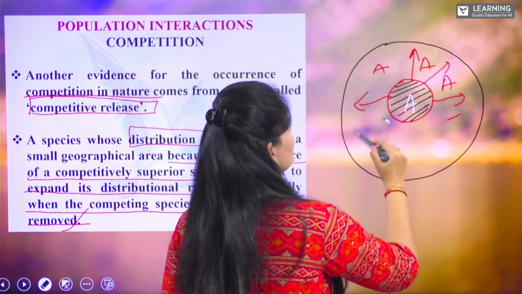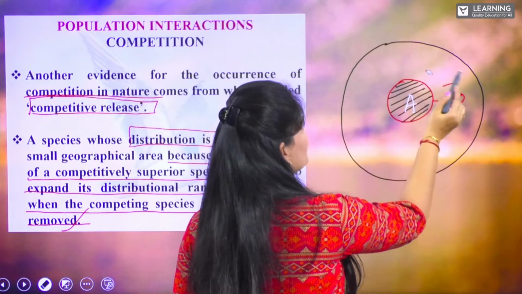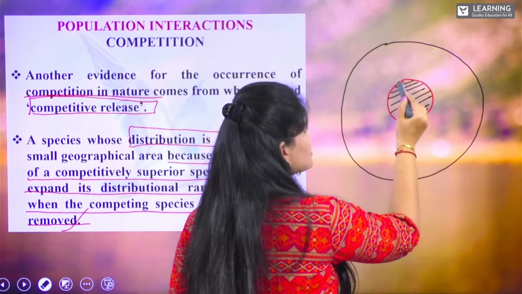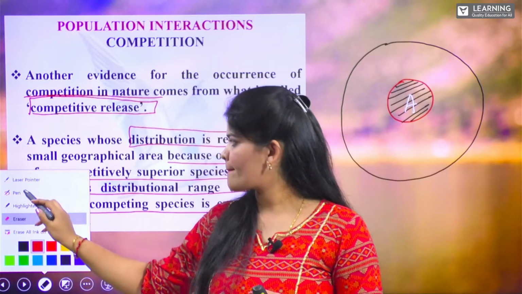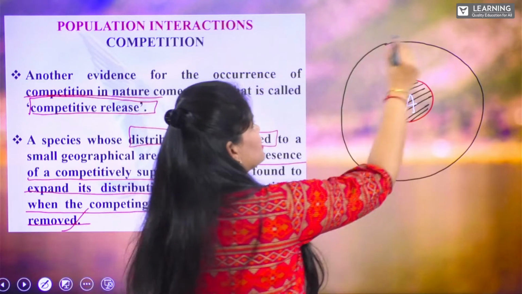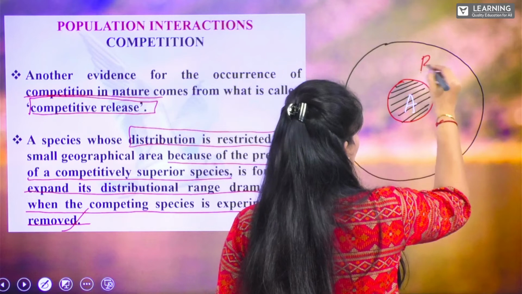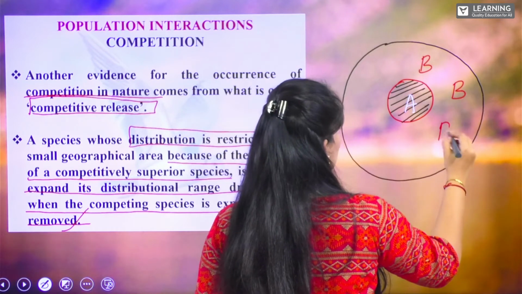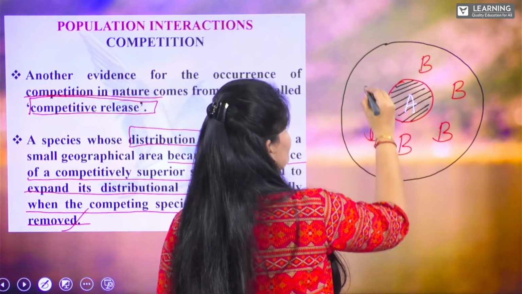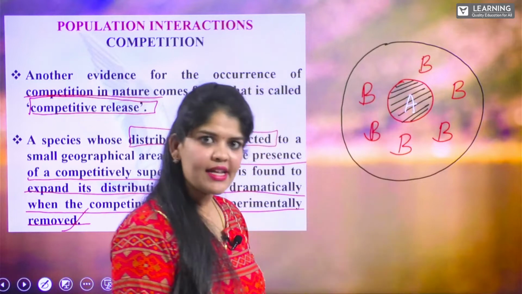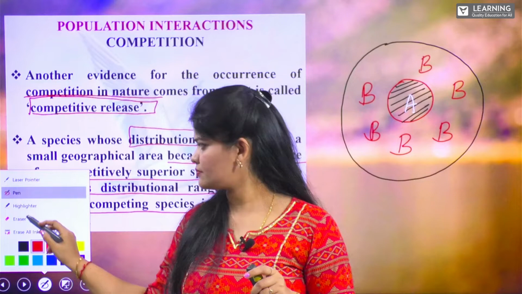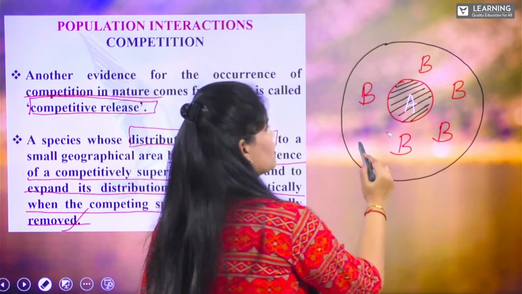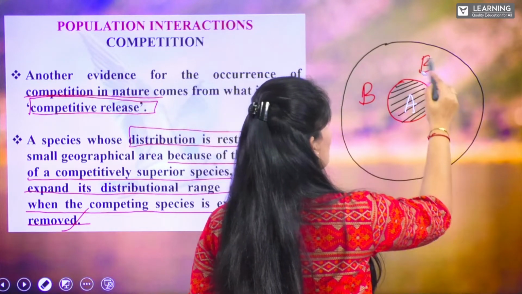See, in this representation, consider this small geographical area which has been occupied by species A, and the outside area has been occupied by the competitively superior species, that is species B. In an experiment, we remove species B. Now what happens?